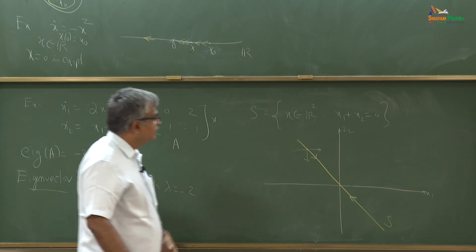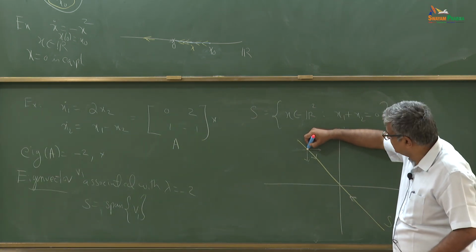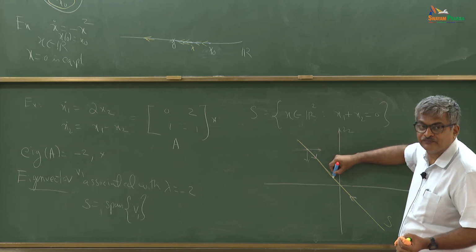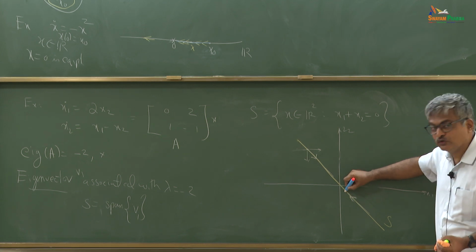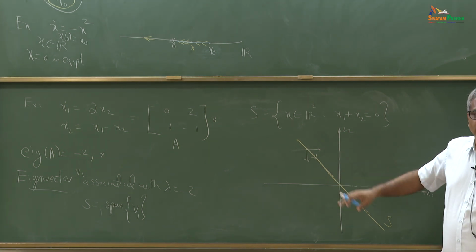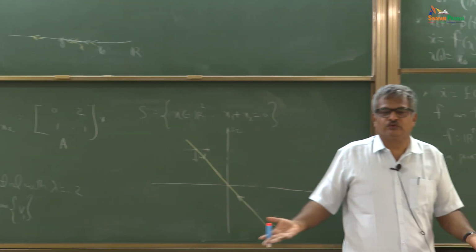And what does it mean to say it is invariant? What it says is if you start on this initial condition, you will continue to be on this. You start here, you will continue to be on this, and you will approach the origin. The approaching is a byproduct. The positive invariance doesn't require you to approach the origin.